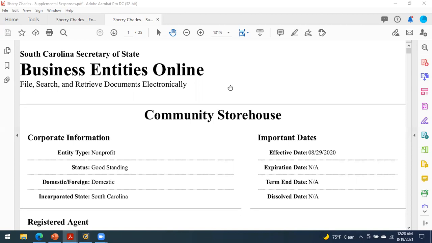In this case, the state of South Carolina has approved the Community Storehouse to operate a nonprofit in the state effective 8/29/2020. You have to include this in your Form 1023 application to show the IRS that you have been approved to operate on the state level. You have to have approval at the state level first before the IRS will give you 501(c)(3) status. So that's the first supplemental response.